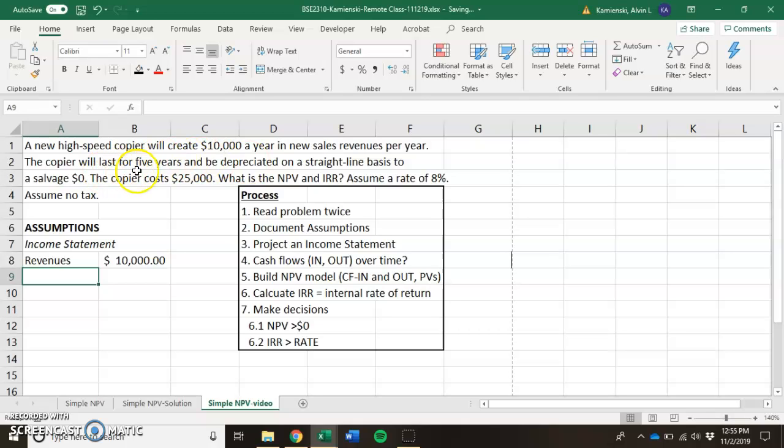The copier will be depreciated. Anytime we see that, we know we're going to have a depreciation expense to deal with, on a straight line basis to a salvage value of 0.